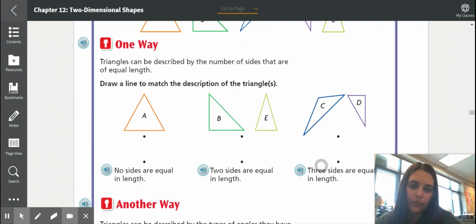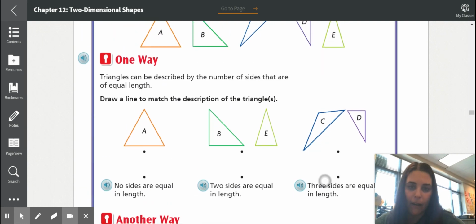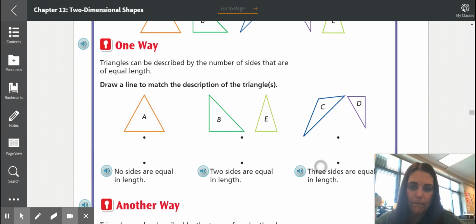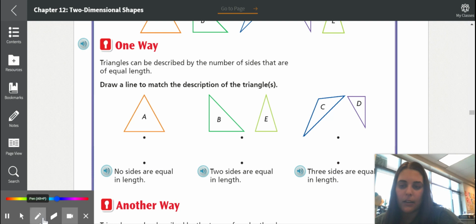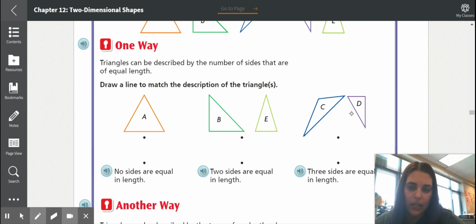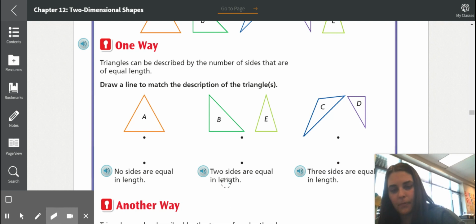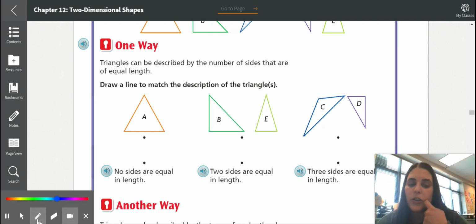So we have triangle A, triangle B, C, D, and E. We're thinking about which triangles have all three sides the same length. If we took a ruler and measured each side, it would all be the same length.